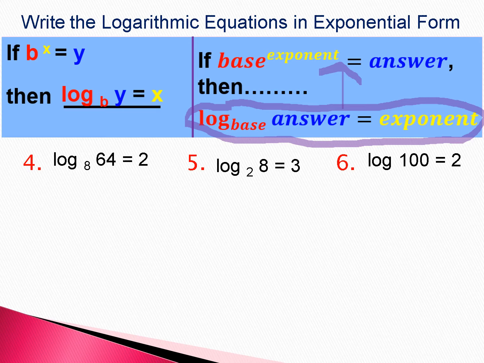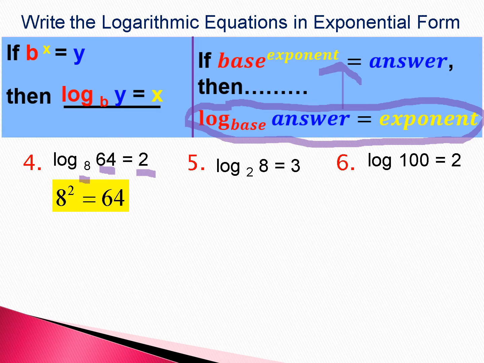So, looking at this, I'll identify my base first. My base is 8. My exponent is 2, and then the argument is my answer. So I write this as 8 to the second power equals 64, or 8 squared equals 64.